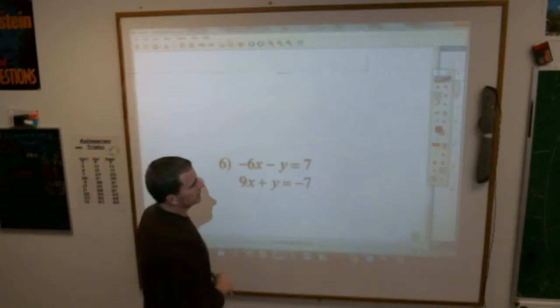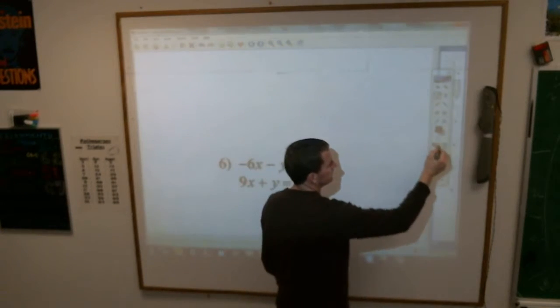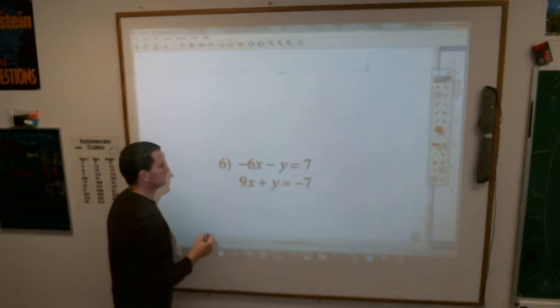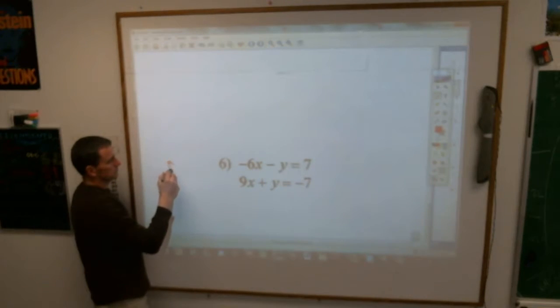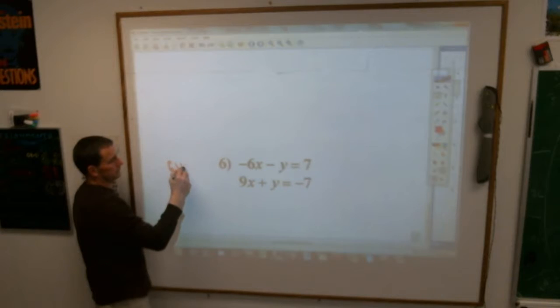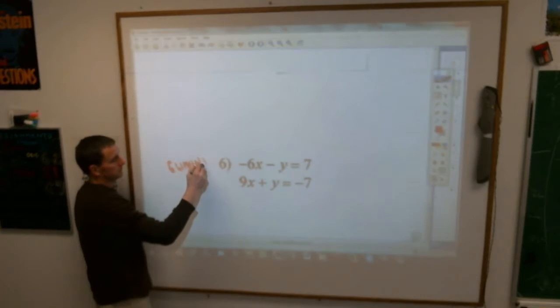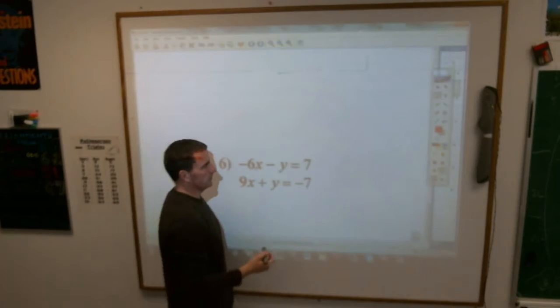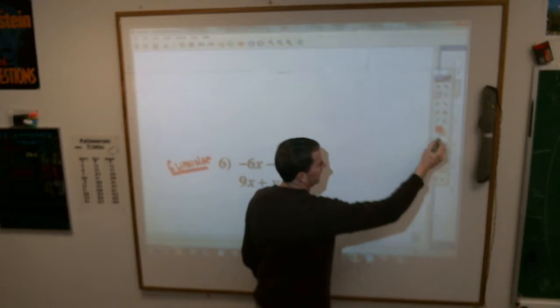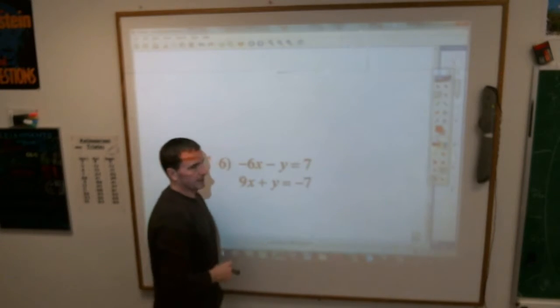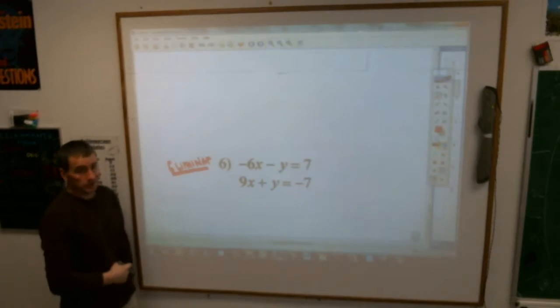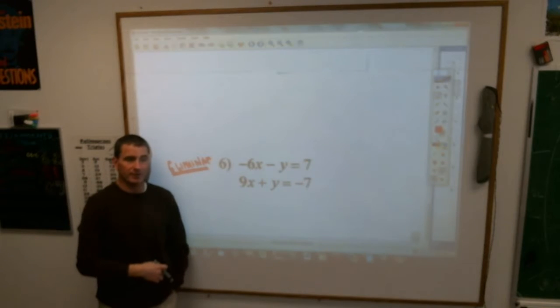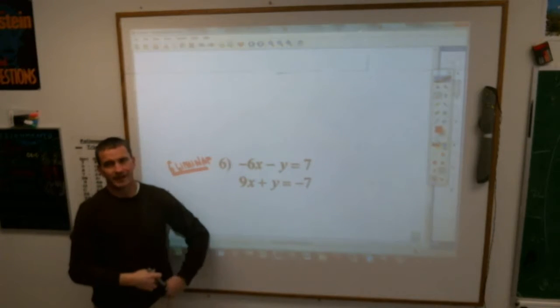Elimination. So when you do elimination, basically your first thing is you're looking for, are there opposites that when you add it together are going to drop out? Do I have to change this to get some opposites, or does it already have opposites? It already has opposites, right?